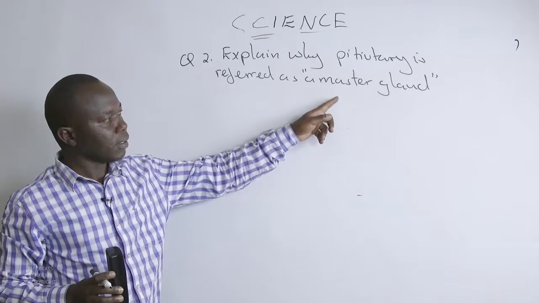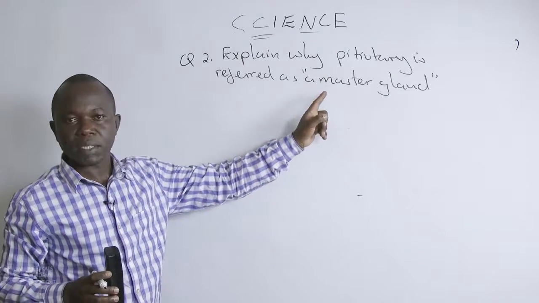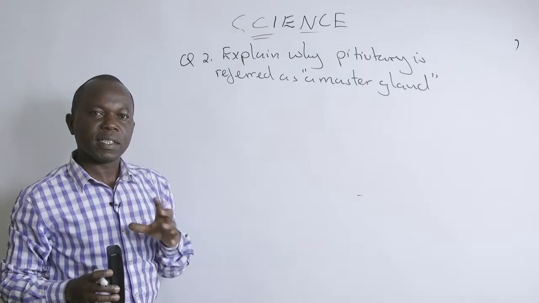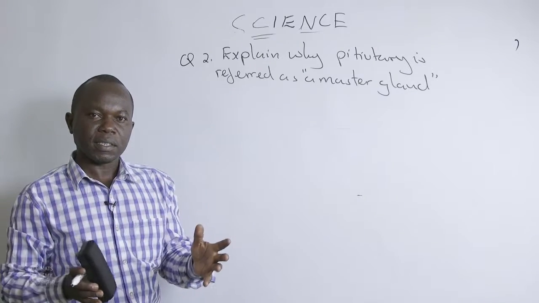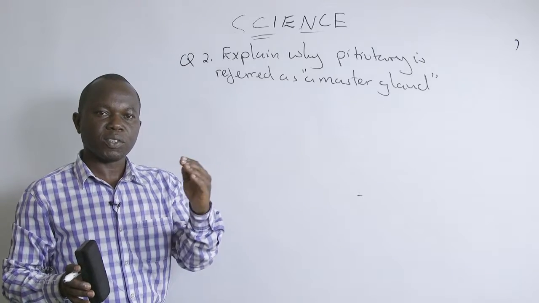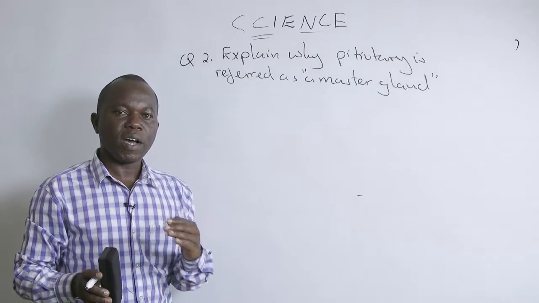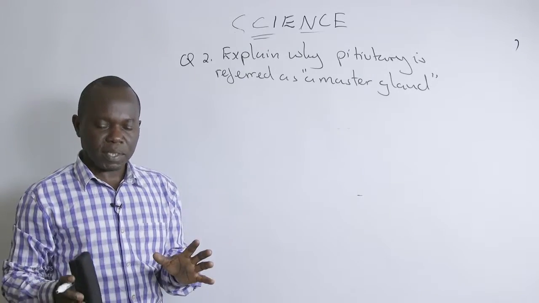We have seen, we can be able to answer this question now. Why is pituitary gland called a master gland? We have seen that it is secreting many hormones. And those hormones control activities of other glands. So as simple as that.